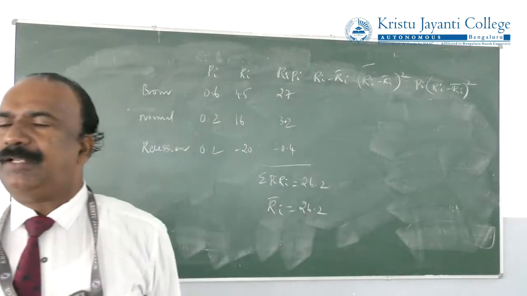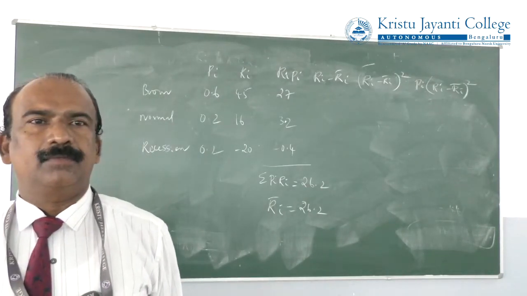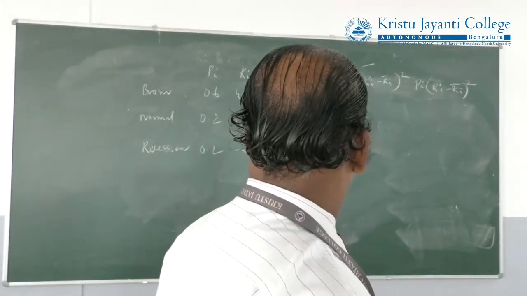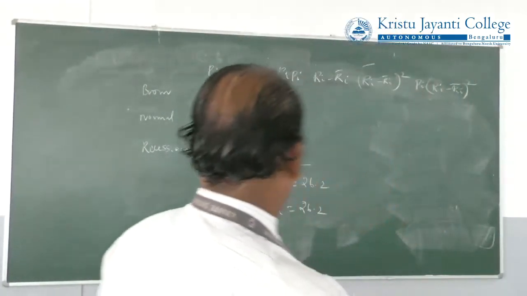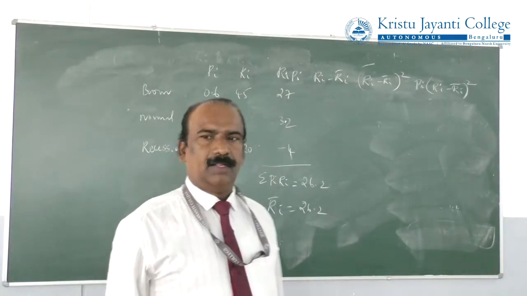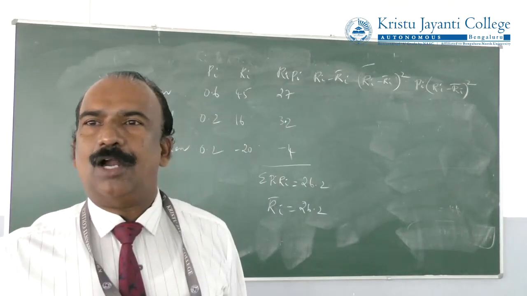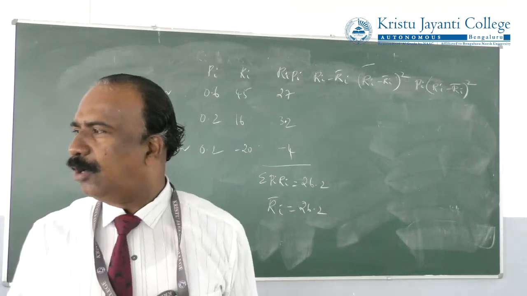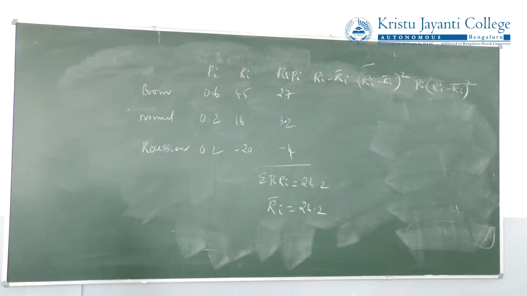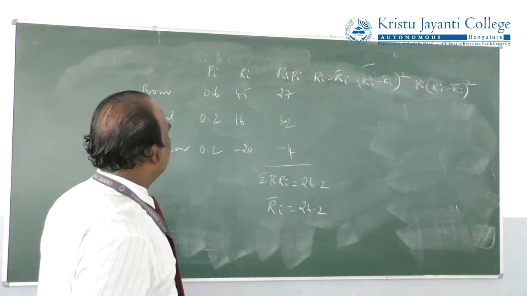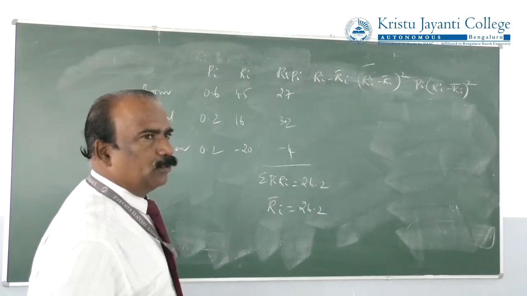Online students, all of you understood? Okay. Now, Ri minus R bar: 27 minus 26.2.